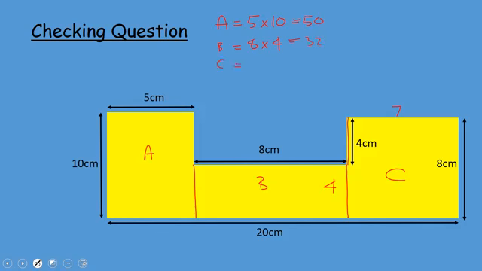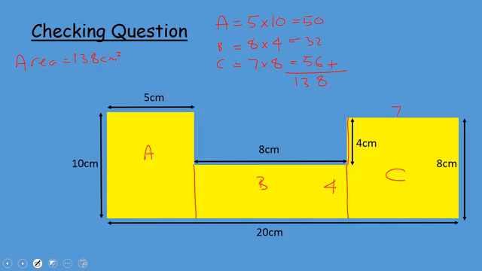And then C, I've got 7 times 8, which is 56. So if I was to add those together, I've got 2 and 6 is 8. And then I've got 5 plus 3 is 8. And another 3 is 13. So my area, make it nice and clear, here we've got an area of 138 centimeters squared.